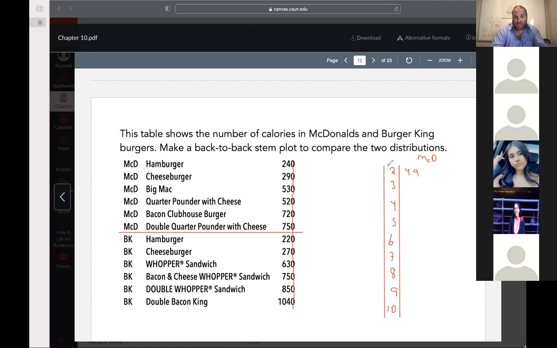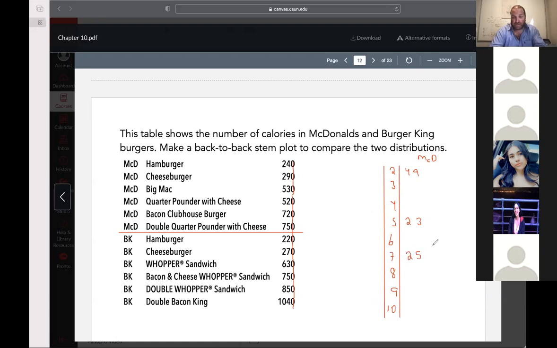And I would interpret this not as 24 and 29, but 240 and 290. What about the 530, the Big Mac? Put a 3 and a 2 after the 5. And for 7, I would put a 2 and a 5.